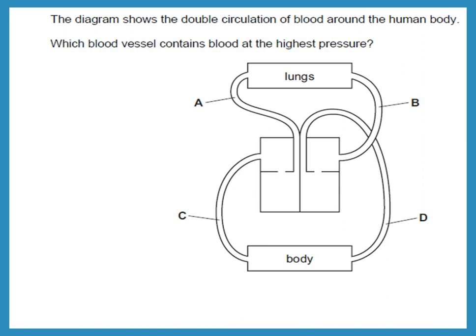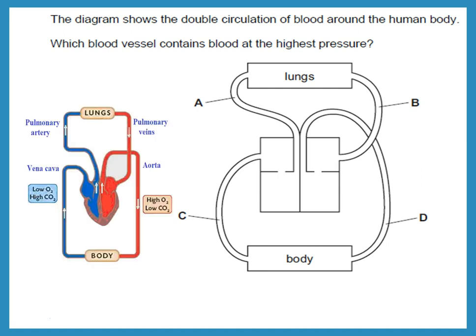Diagram shows the double circulation of blood around the human body. Which blood vessel contains blood at the highest pressure? Remember, if we're pumping blood to all the body, it has to go through the aorta, and that means that it is going under the highest pressure.